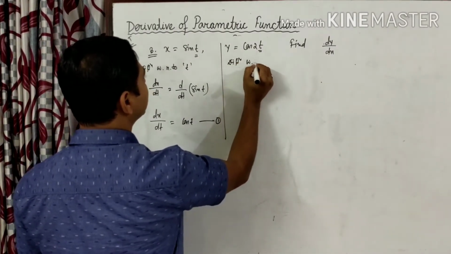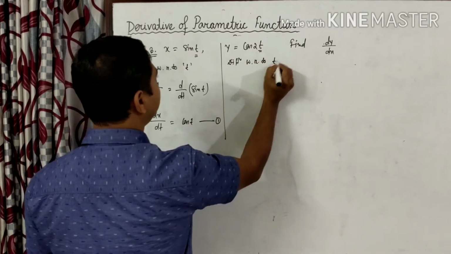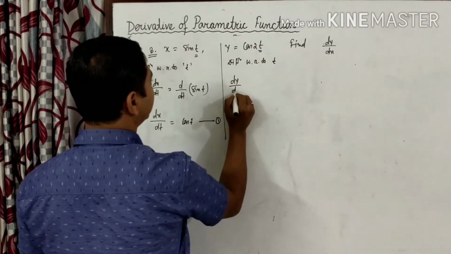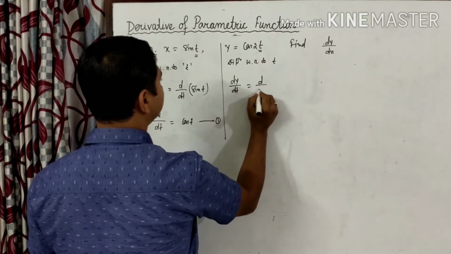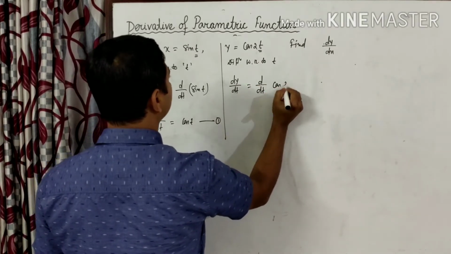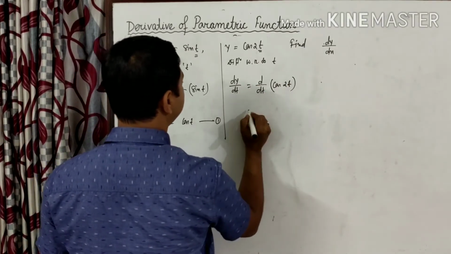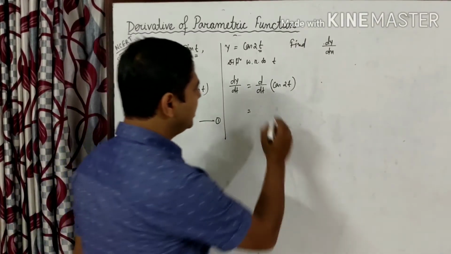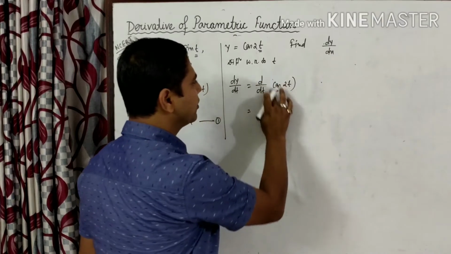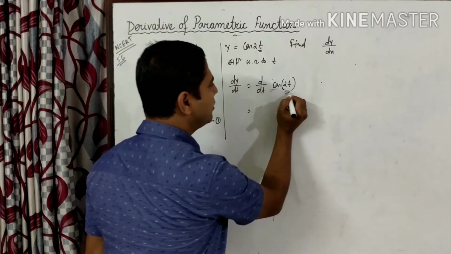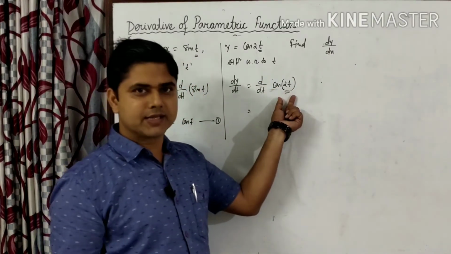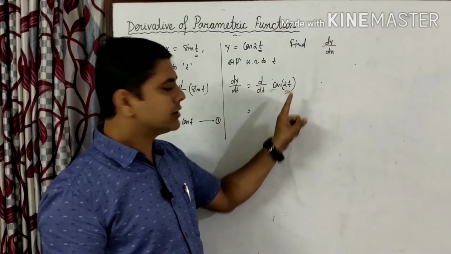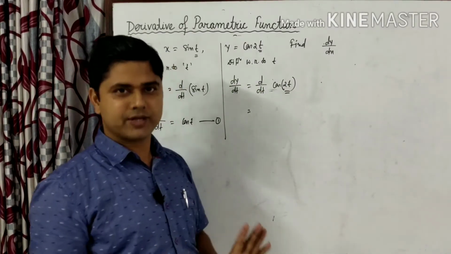differentiating with respect to t, this one, dy by dt, d dt of cos of twice t. Here what do we have to use? We have to use the chain rule. Why? Look, the outer function is which one? cos. The variable part is twice of t. If it were d dt of cos t, what would we directly have written? minus of sin t.